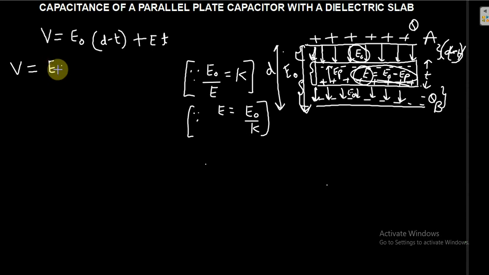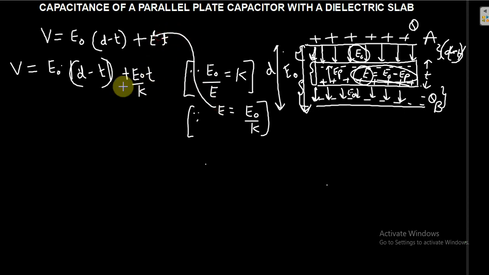So substitute this value in this formula. So you will get V is equal to E0 times D minus T, plus E times T, and substitute the value of E here. So what is the value of E? E is equal to E0 by K. So we substitute this E value in this equation.